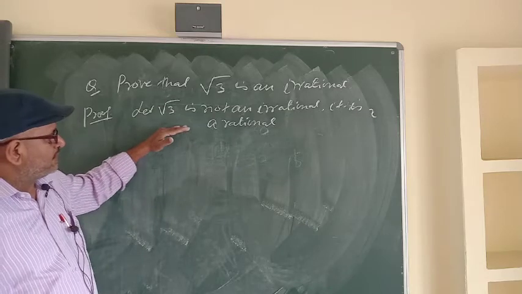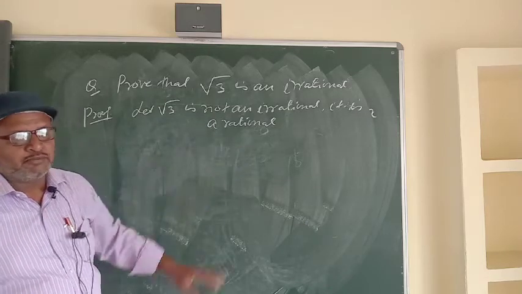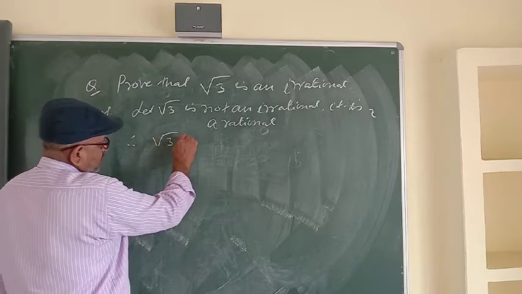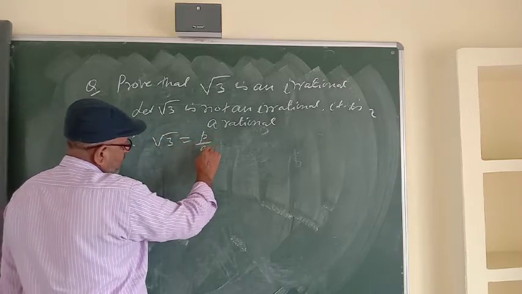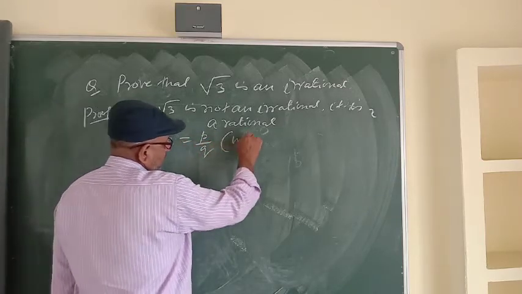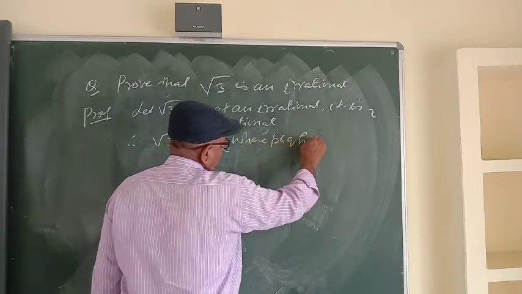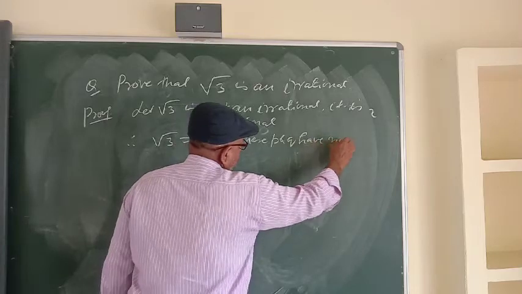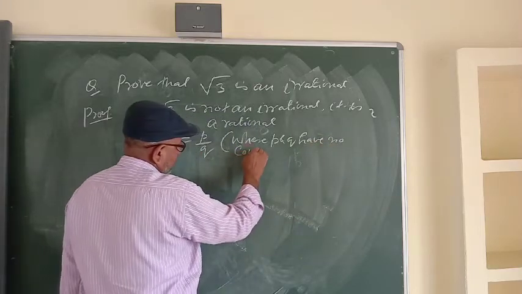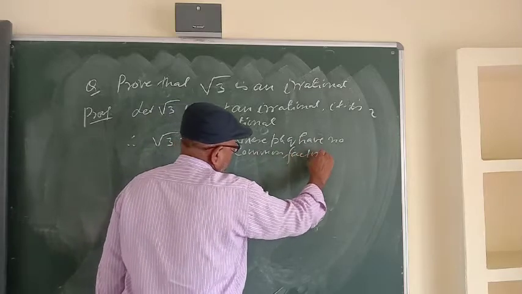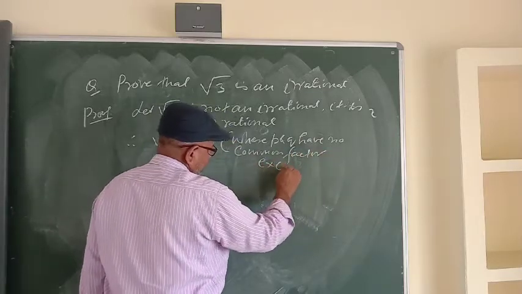So we know that a rational number can be written in the form p by q. Therefore we can write root 3 is equal to p by q, where p and q have no common factor except 1.